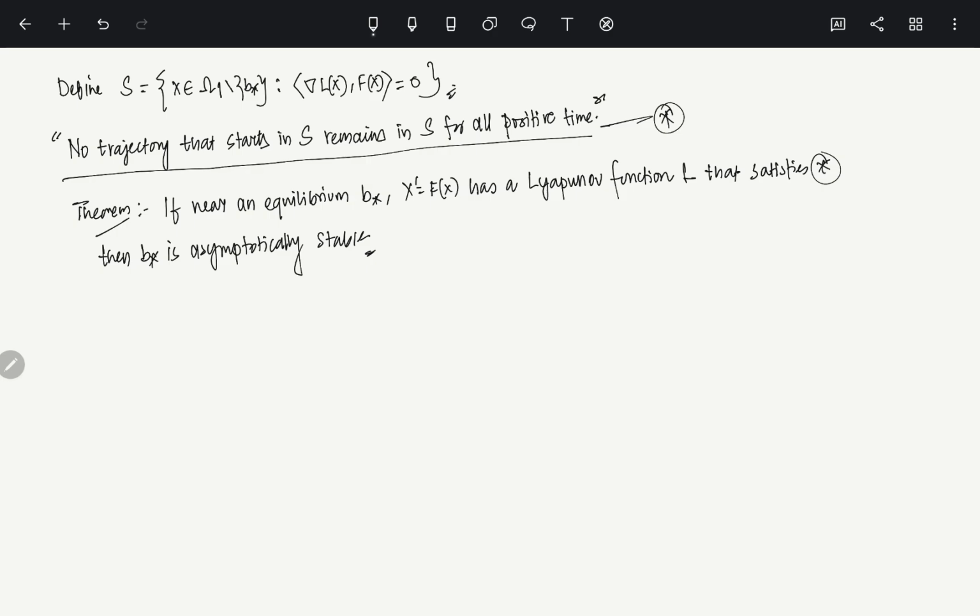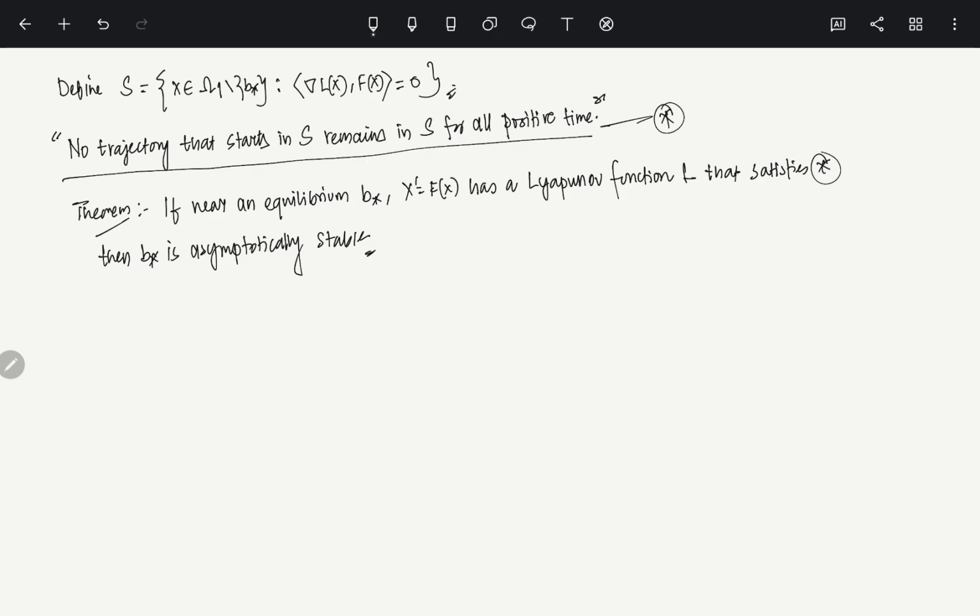So if it starts in S, it will remain in S for all time t, because it cannot go down. L is not decreasing along the trajectory, so L is fixed. If it starts at that point, it remains on that set for all time t.